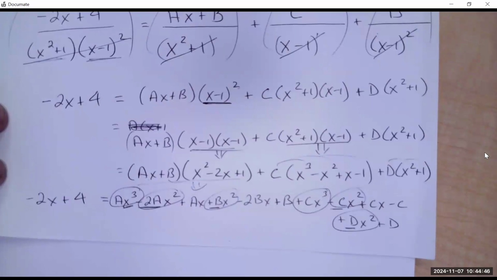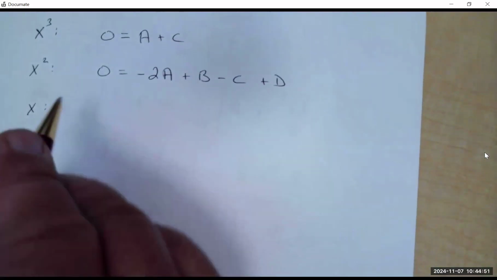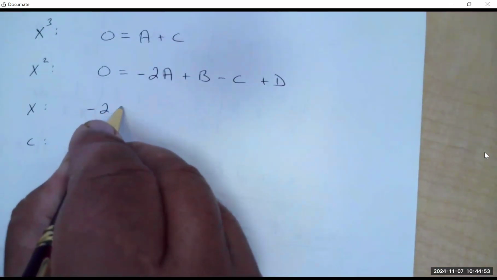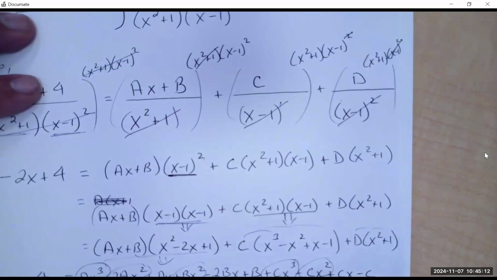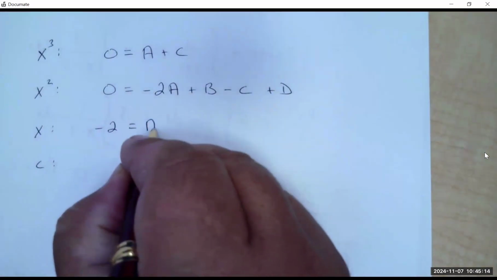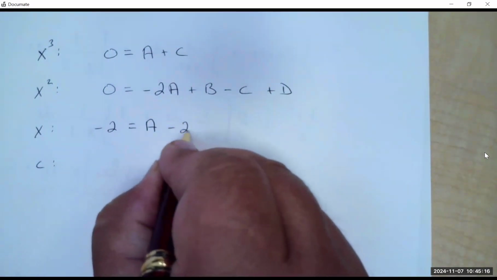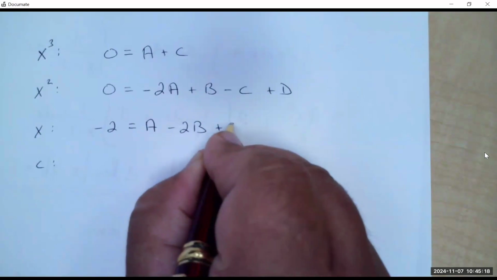How about the x's? On the left-hand side, we have a negative 2. What x's do we have here? We have ax, negative 2b, plus c. So negative 2 equals a minus 2b plus c.